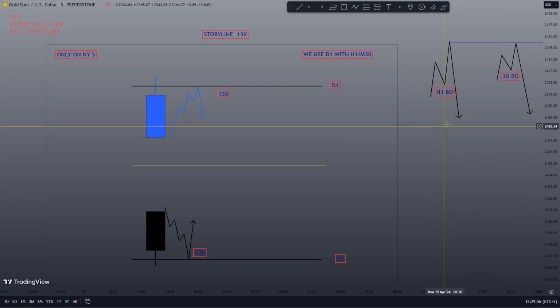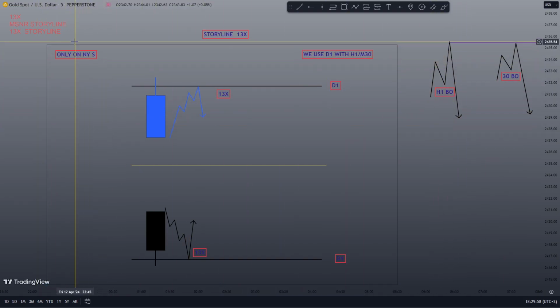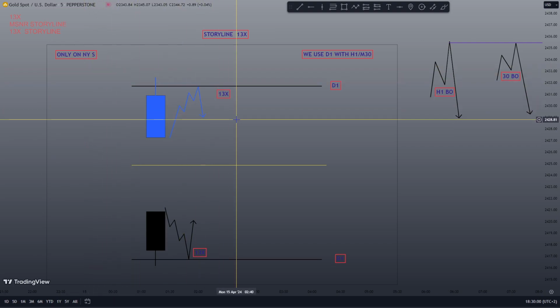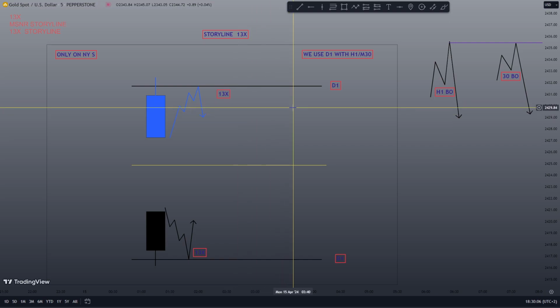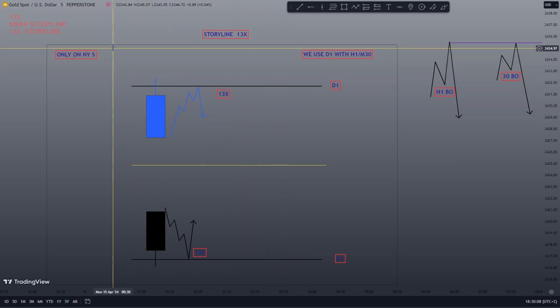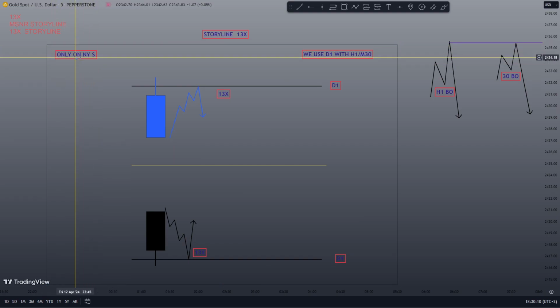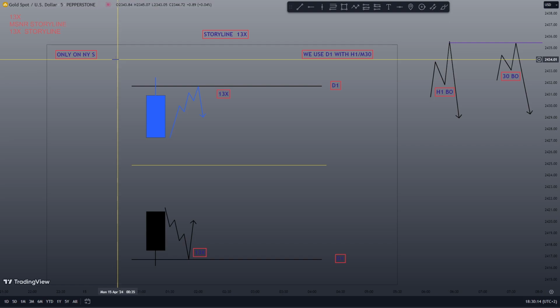Remember, we use this only on the New York session and when there is big volume in the market. So what did we say about the 13x storyline? We use it only on the New York session and when there is big volume in the market.